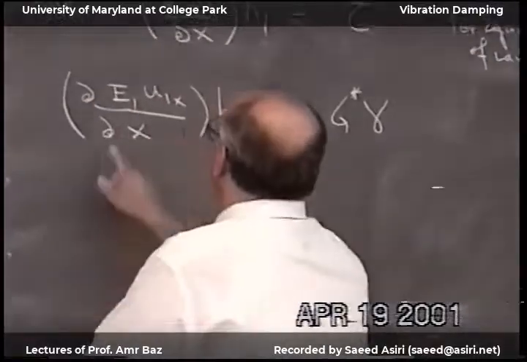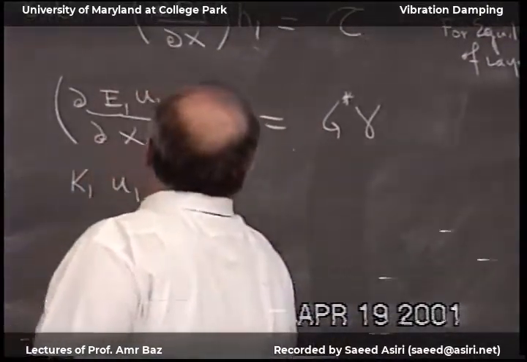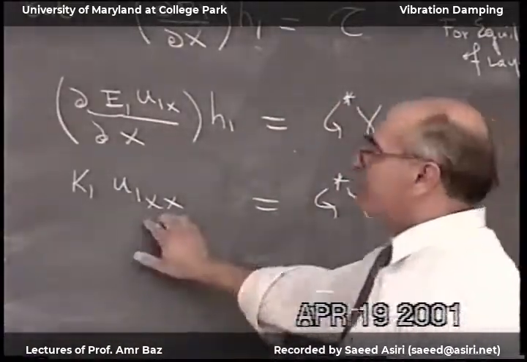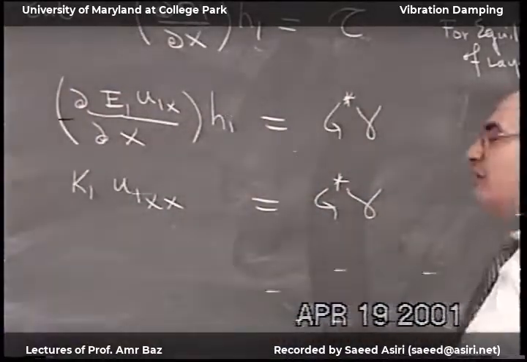And now I'll get this out. This would be K1 U1XX is equal to, we have the expression for U1 here. Then plug and get it as a function of gamma.